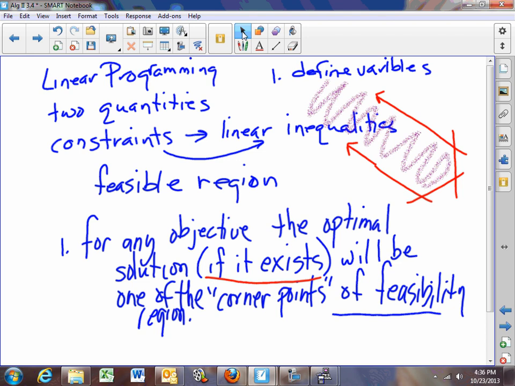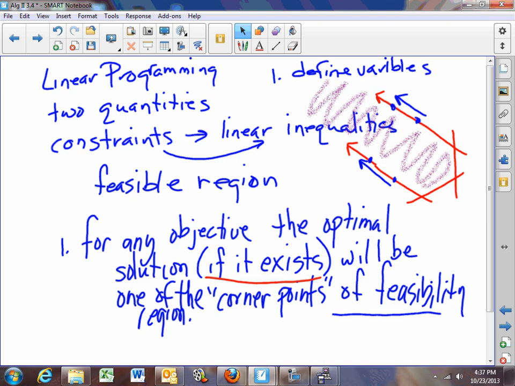Now what's going to happen is points along these edges as you move this way will make the objective go more and more in one direction or the other. In other words, it'll make it bigger and bigger, or it'll make it smaller and smaller. Now when that occurs, whoa, you scared me. When that occurs, there is not going to be an optimal solution in that particular direction.